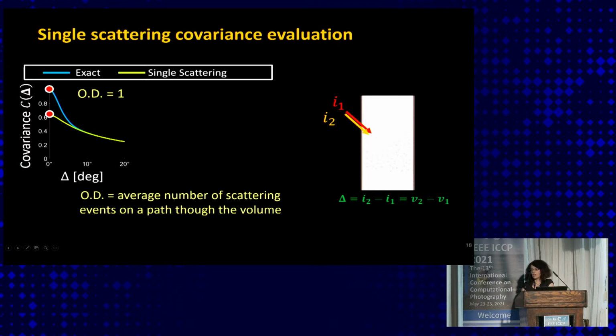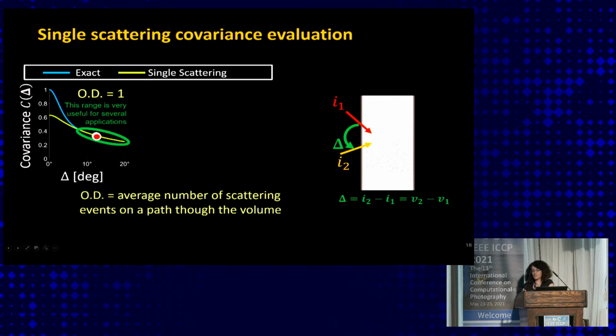It is actually well known that due to multiple scattering, single scattering is not a good approximation for intensity. However, as we increase delta, the single scattering approximation becomes accurate. The reason for that is that all these multiply scattered paths have highly varying phases, and they do not contribute to the covariance.